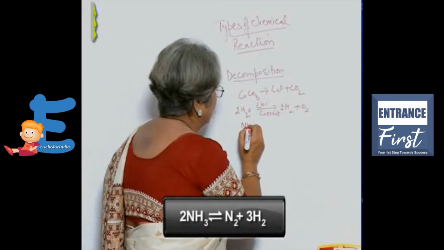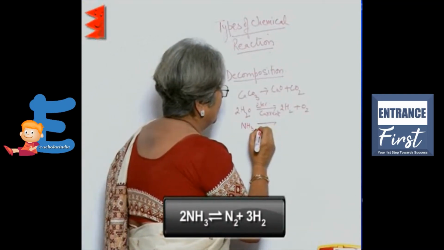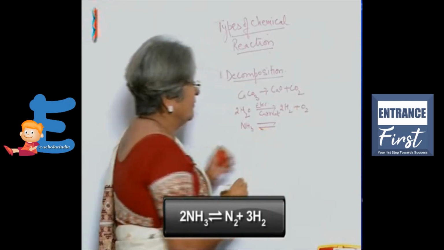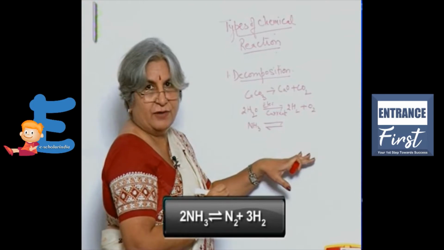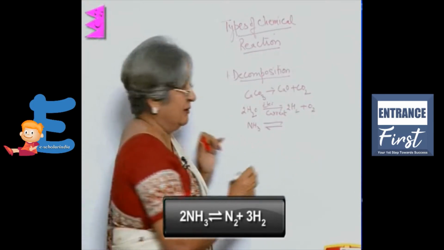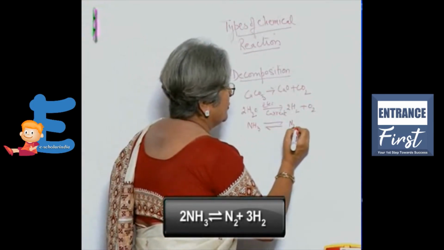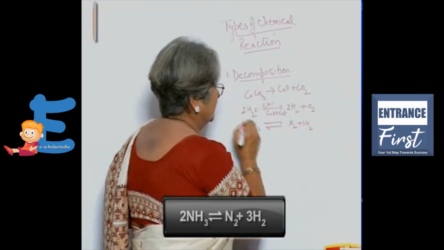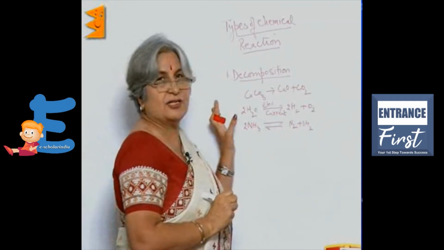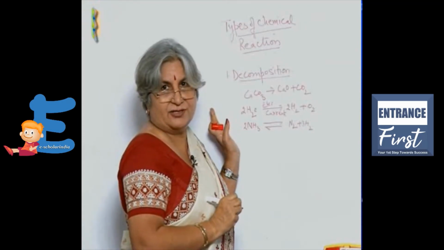Ammonia, this of course is a reversible reaction. A reversible reaction is written like this, half arrow in one direction, half on the other. What we get is nitrogen plus hydrogen. All these reactions are decomposition reactions.